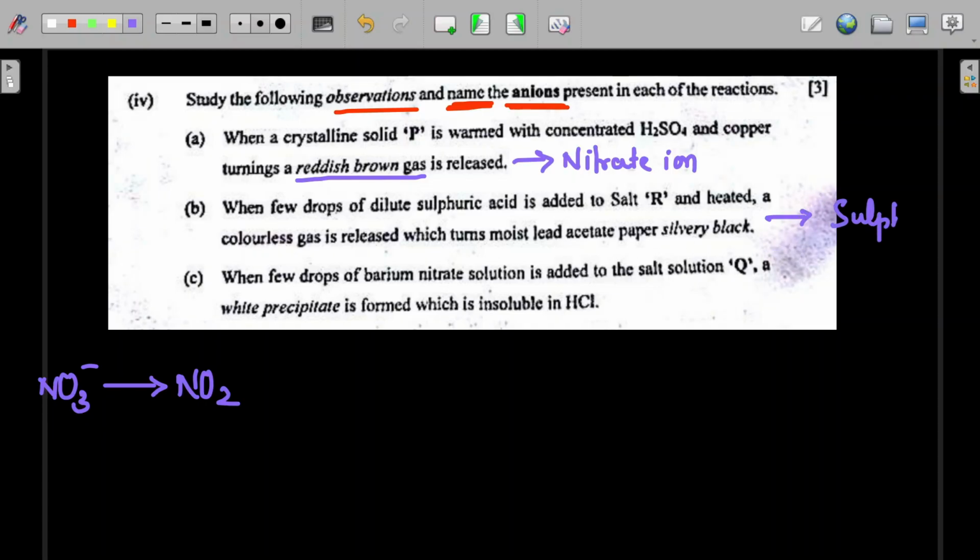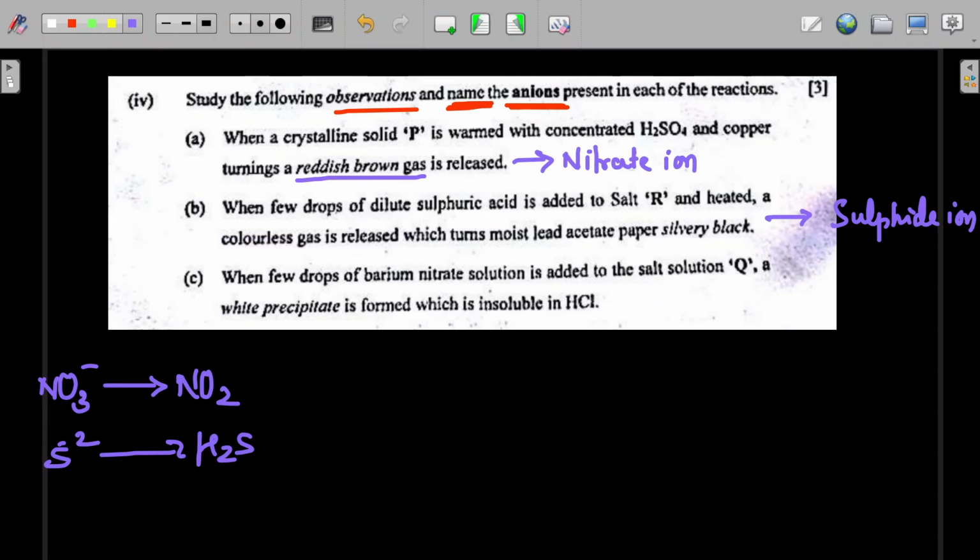How do you know it is sulfide? Because the gas released will be H2S gas, which turns moist lead acetate silvery black. So again I will write here: if H2S gas is there, then the anion should be S minus 2. Next.